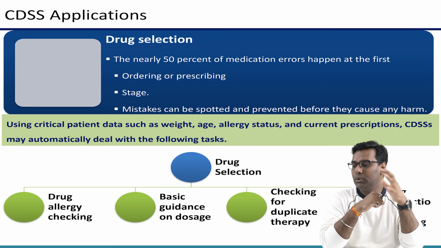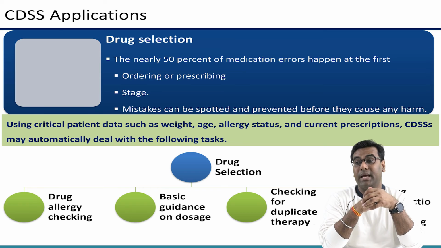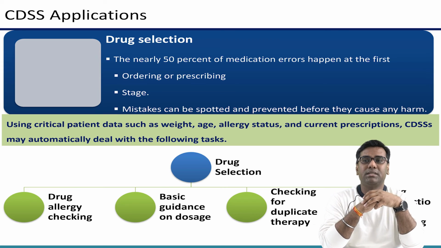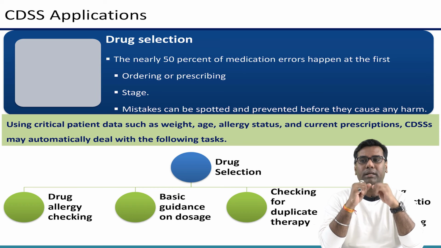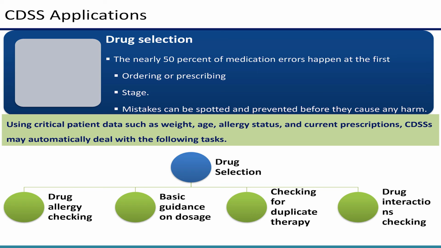Now, using critical patient data such as weight, age, allergy status and current prescriptions, CDSS may automatically handle the following tasks for drug selection. First, drug allergy checking. Second, basic guidance on doses, like what time and what kind of medication you need to take.